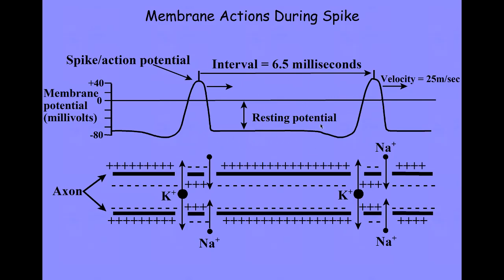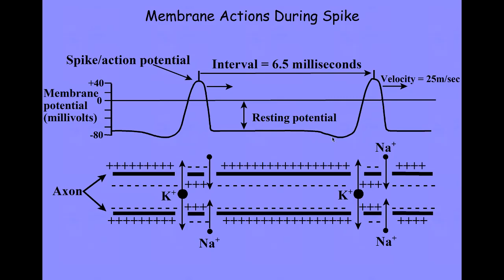These mechanisms actually overshoot, reestablishing resting potential. They go below that, and the membrane is hyperpolarized, that is, it's greater than its resting potential. Negative 80 is often a figure you hear.